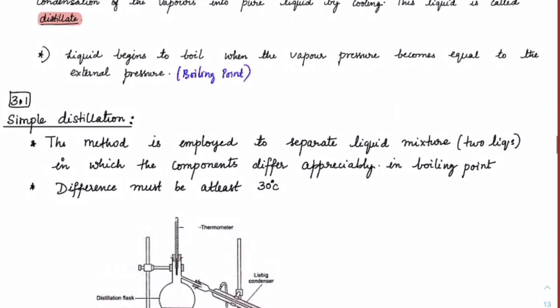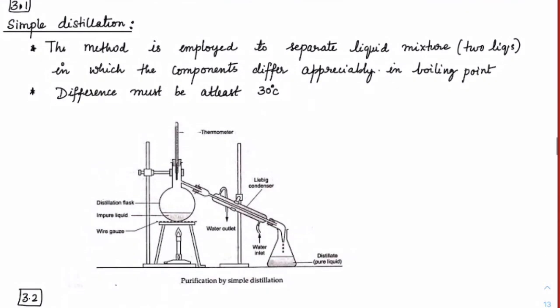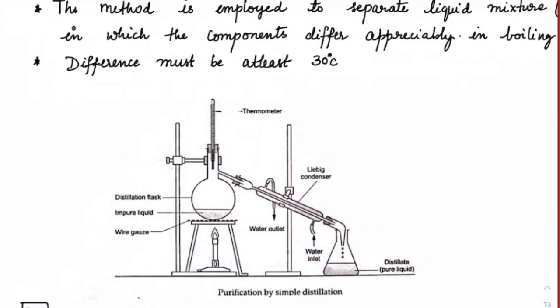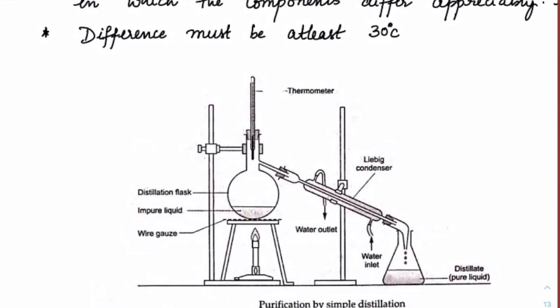This process is distillation. In simple distillation, suppose I have two liquids, the desired liquid and the impure liquid, and we expect the boiling point of the impure liquid to be more. If the desired liquid has a lower boiling point, it will evaporate faster than the impure liquid.